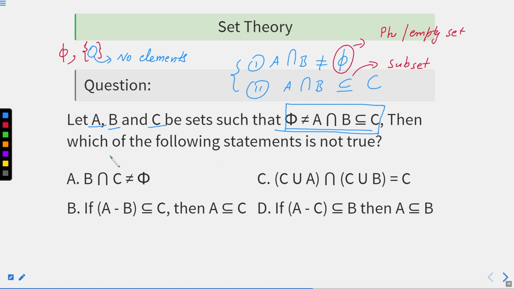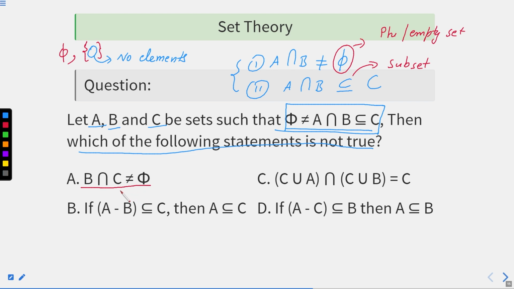Now we have to find which of the following statements is not true. Let's analyze one by one. The first is B intersection C is not equal to phi.